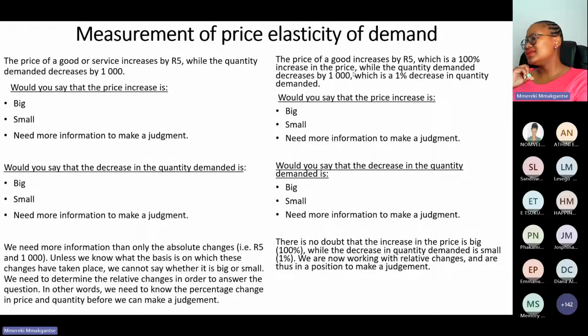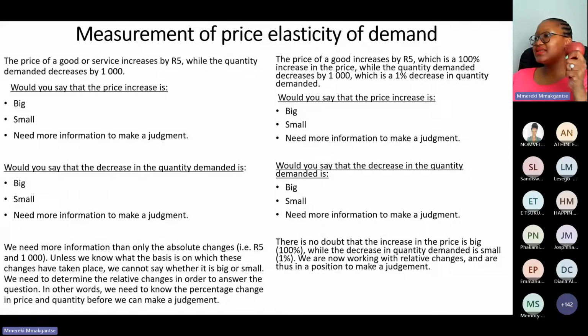While the decrease in quantity demanded is small, it is 1%. Let's get this. You see this apple, my friends?